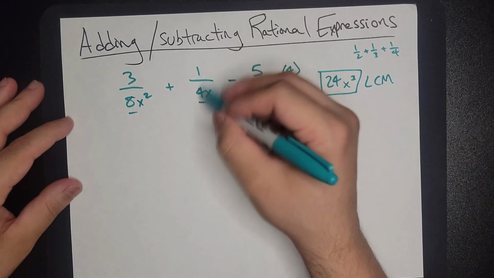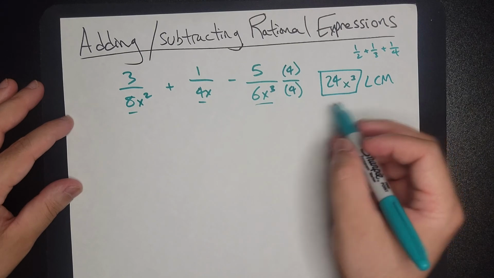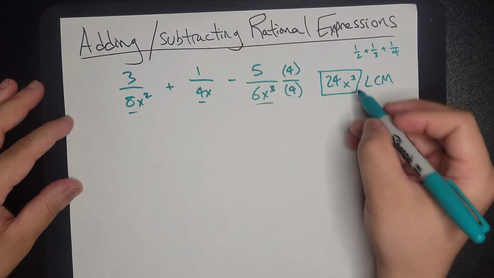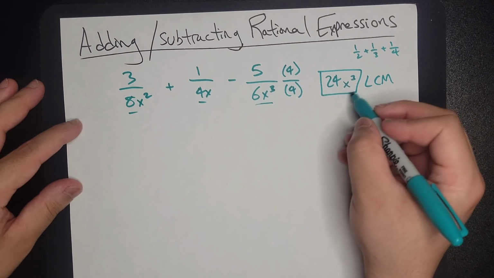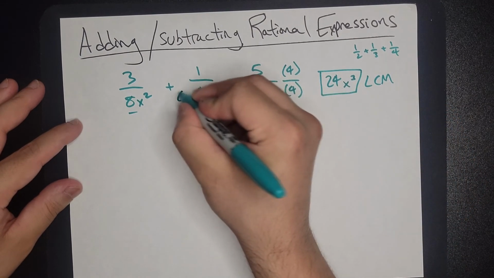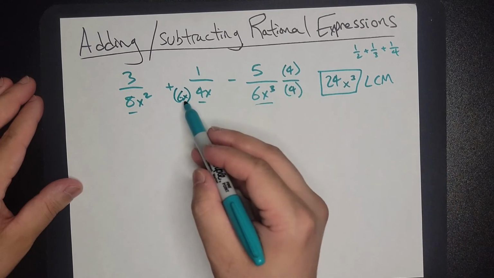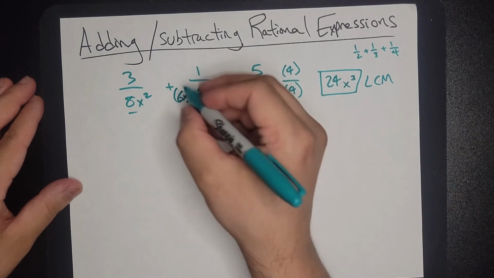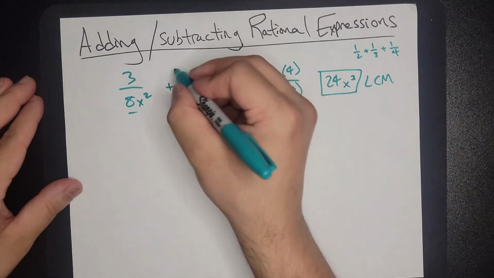Now if I want this middle term's denominator to become that, I have to multiply the denominator by 6x. Because 6 times 4 is going to give 24. X times, wait, I need an x squared to give me x cubed.